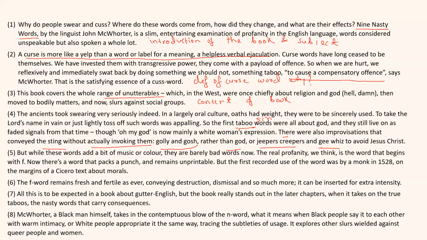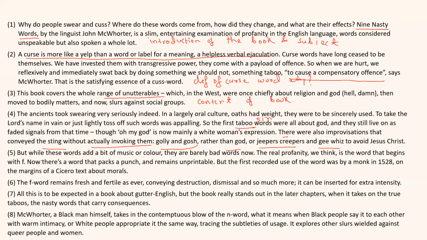So in place of Jesus Christ also they used some improvised word. Why did they use it? Because they wanted to convey the sting without invoking the seriousness which the words God and Jesus Christ had in them.